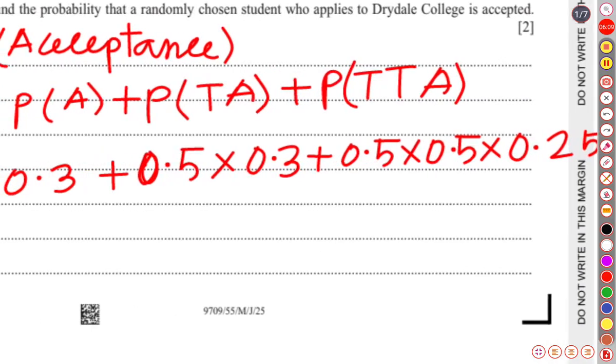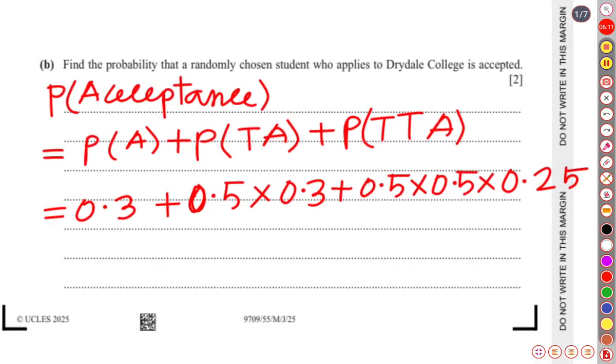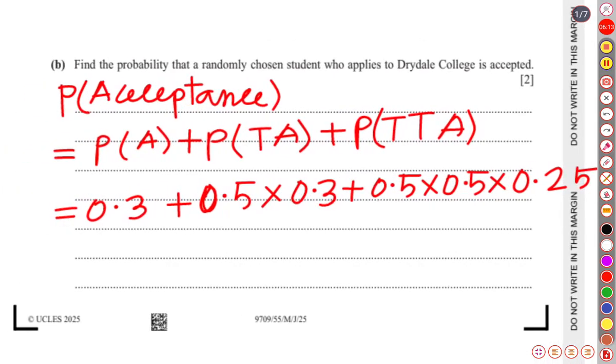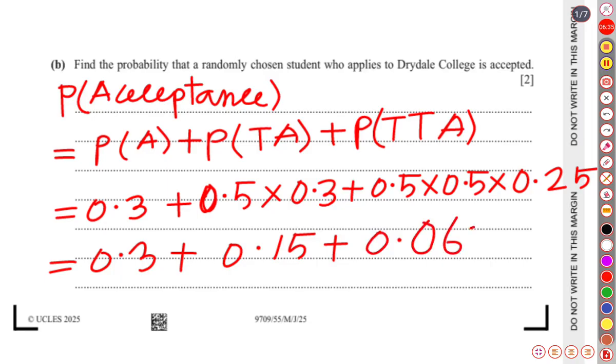Then if we calculate all of these, it is going to be 0.3 plus 0.15 plus 0.0625.